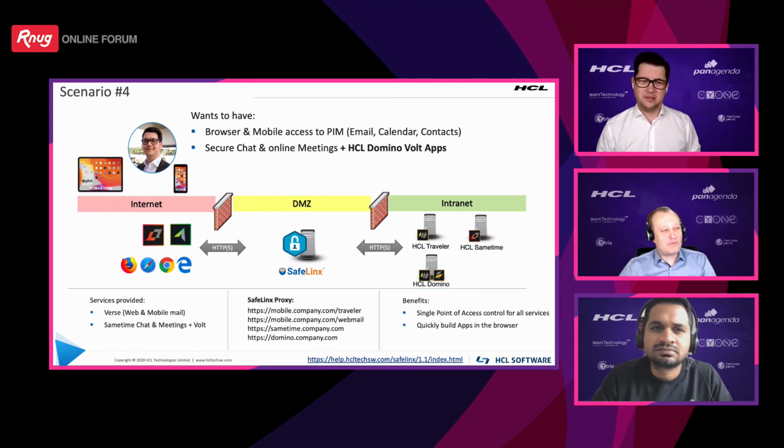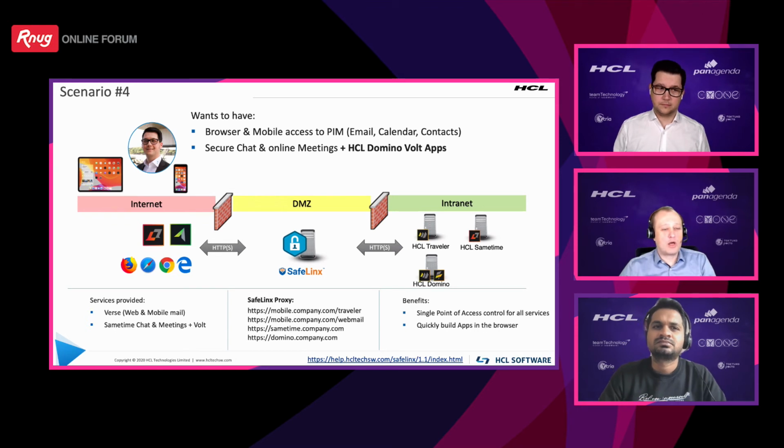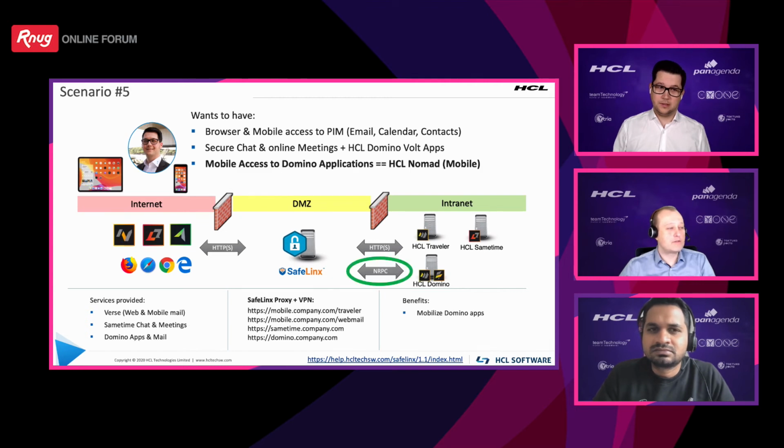I see, and certainly it used to be a challenge. A couple of years ago, a number of Domino applications on our intranet could only be used by the Notes client. But good news, since HCL took over the product portfolio from IBM, there is a new way to access your existing Domino applications, and it's called HCL Nomad.